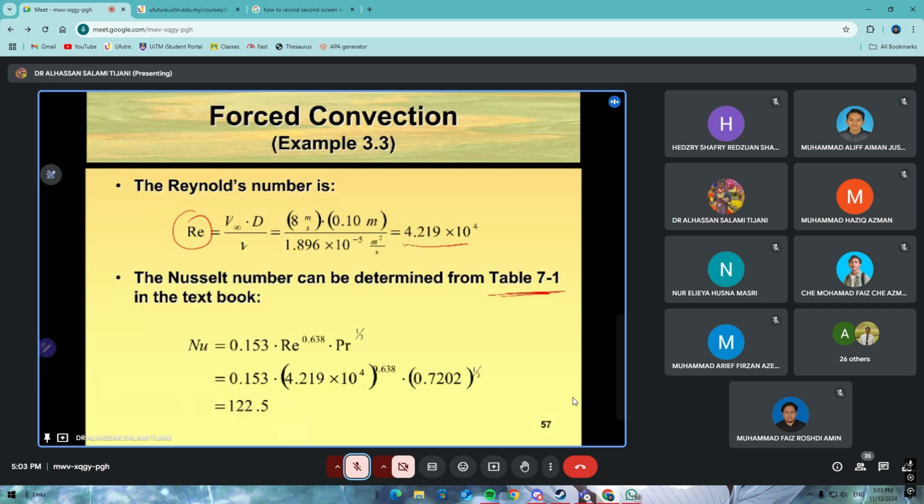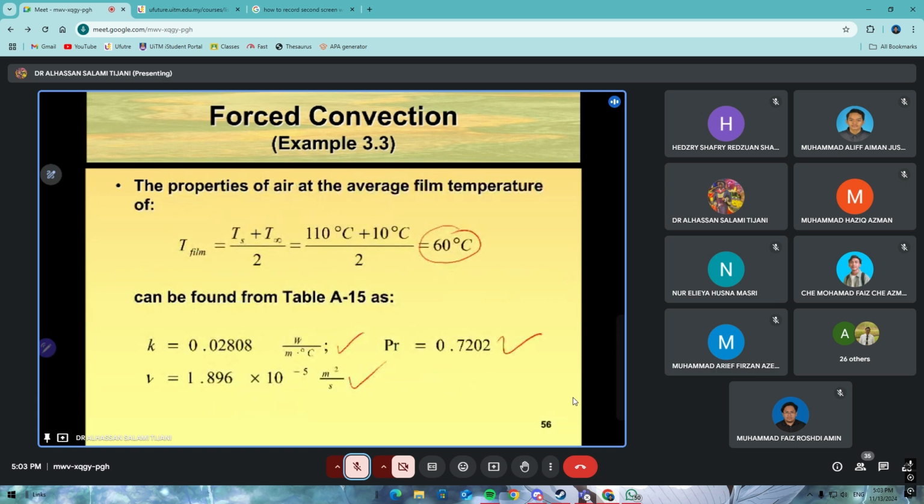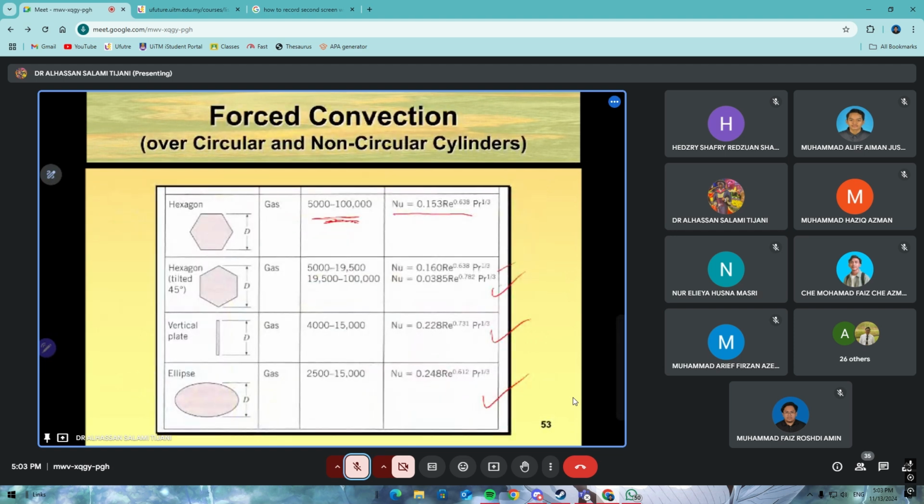So if you go into the textbook, you'll find, according to this Reynolds number, for hexagon, the appropriate Nusselt number equation is this. So let's see whether we have it here for hexagon.